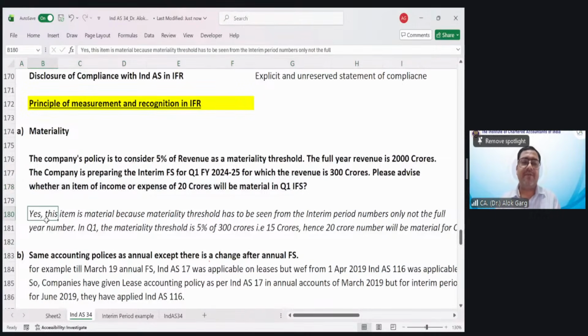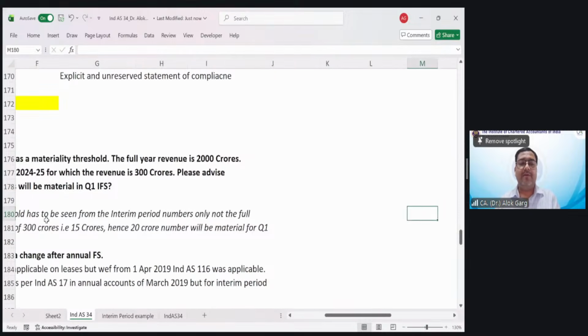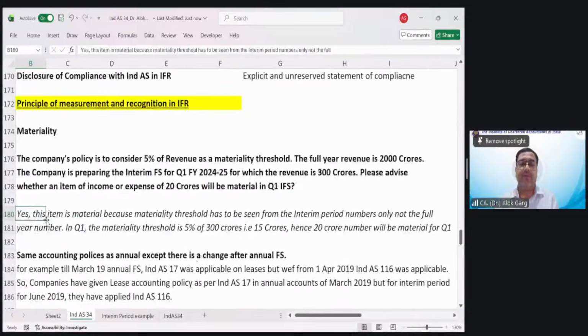Yes, this item is material because the materiality threshold has to be seen from the interim period numbers only, not the full year number.